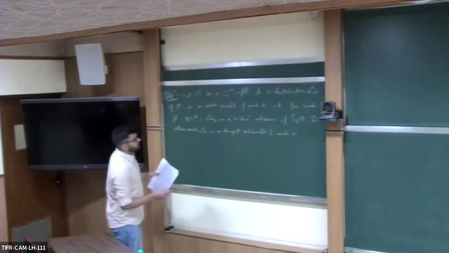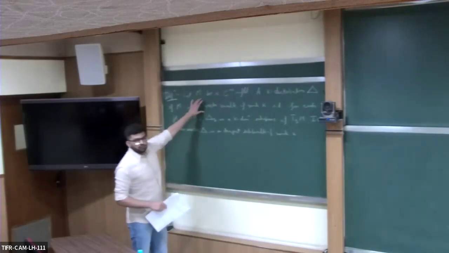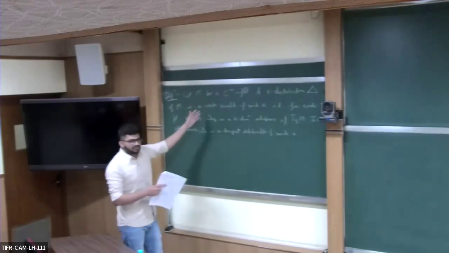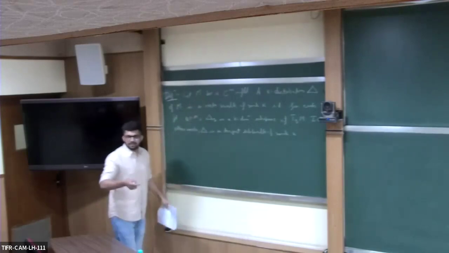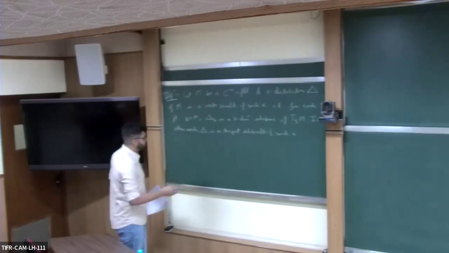Before that, let me tell you how we get a distribution. Let me relate this distribution with these objects that I was telling you, vector fields and one forms.